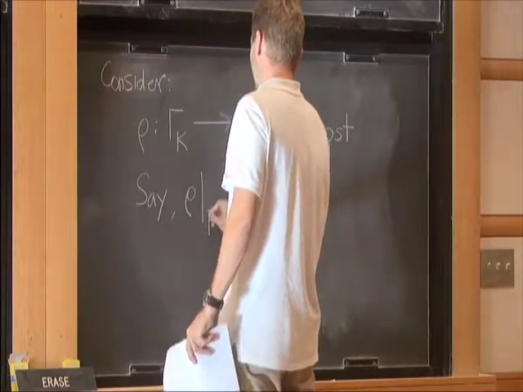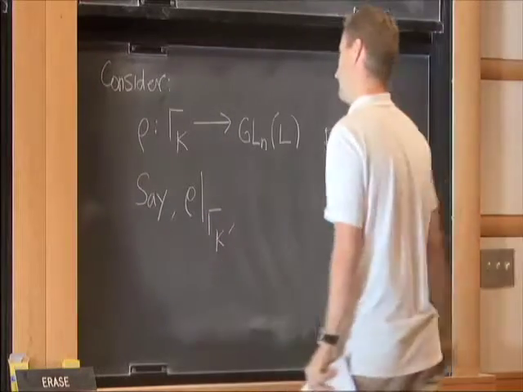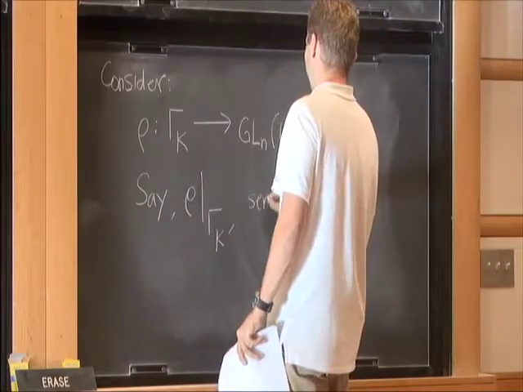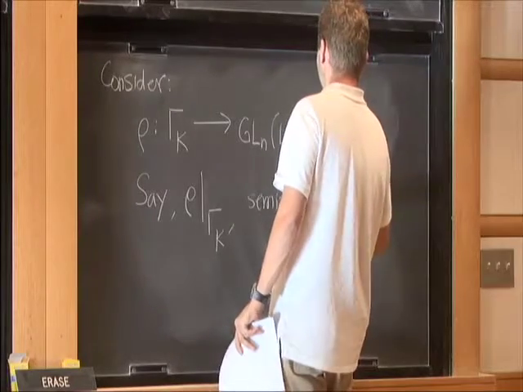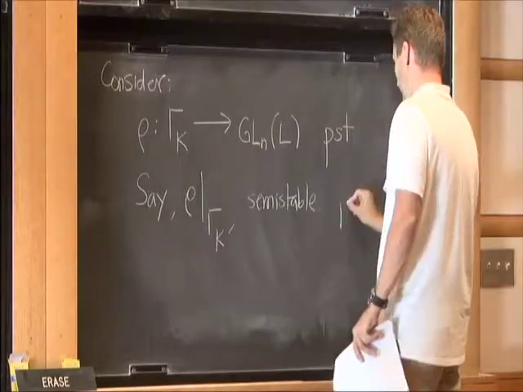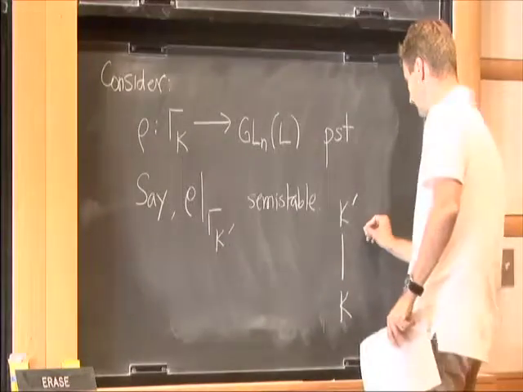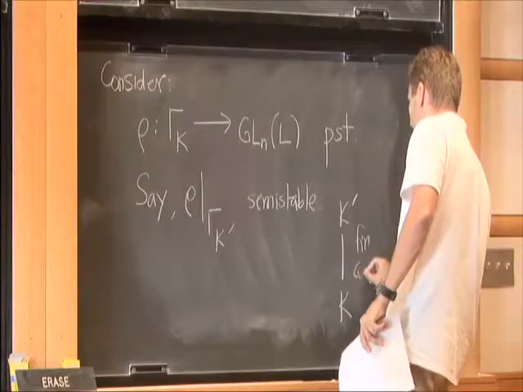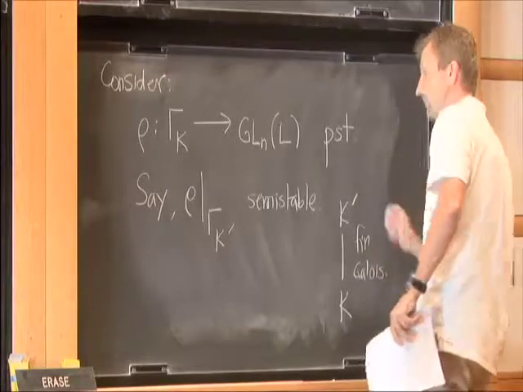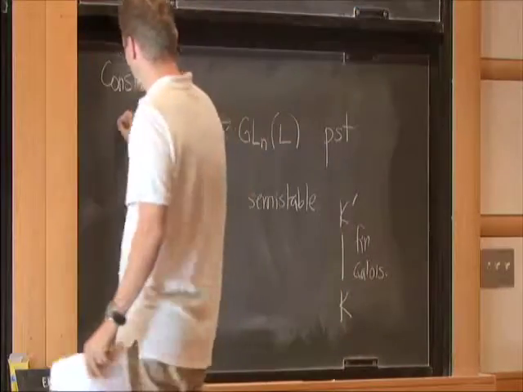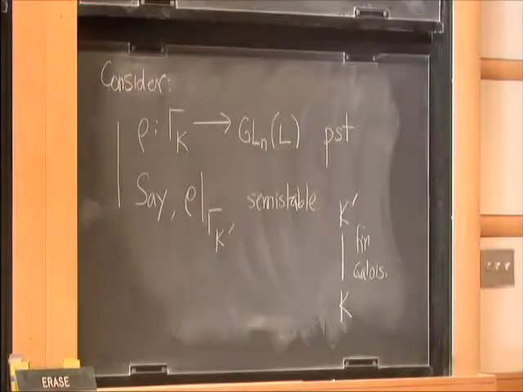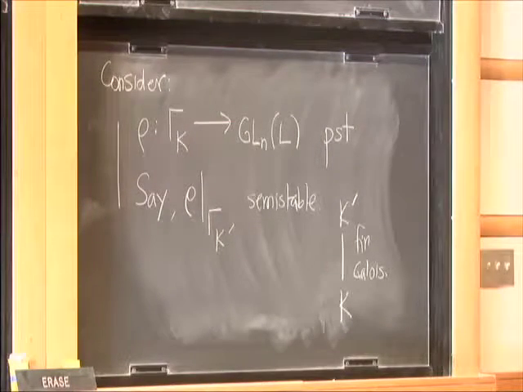So let's say rho restricted to Gamma_K' is semi-stable. We take K' over K in some finite Galois extension, we're going to fix throughout. And then you're trying to play the same game.